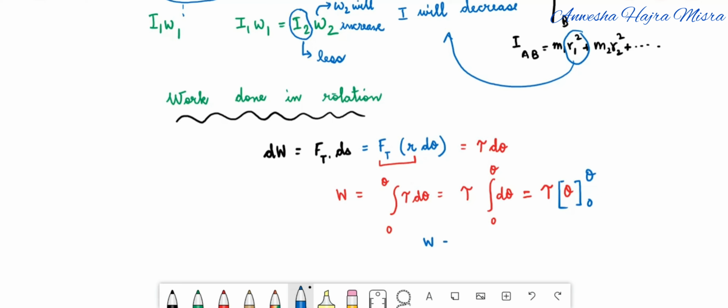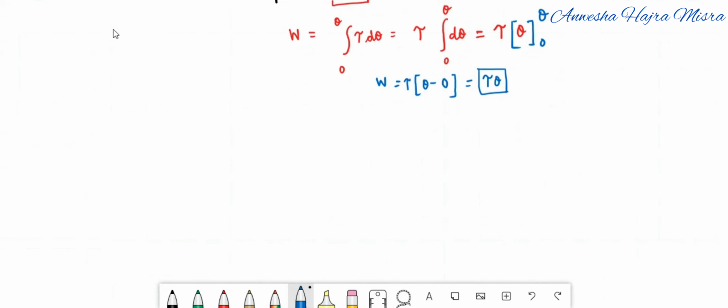So when you put the limit, it is upper limit minus lower limit. So the work becomes torque into theta.